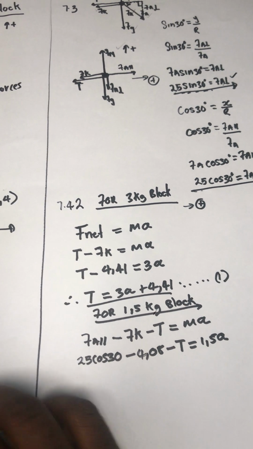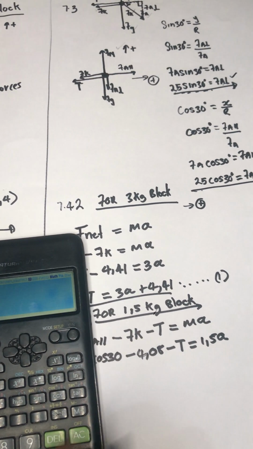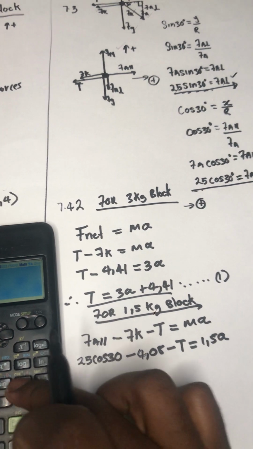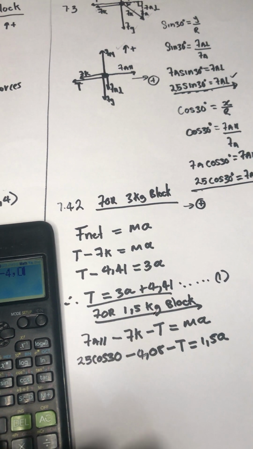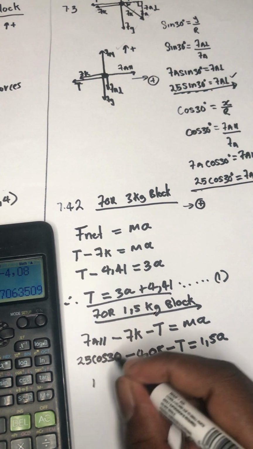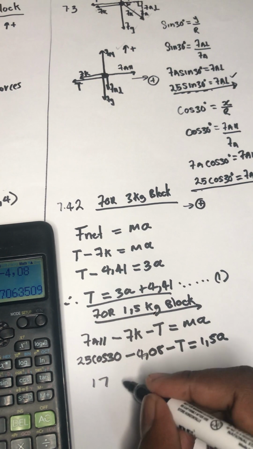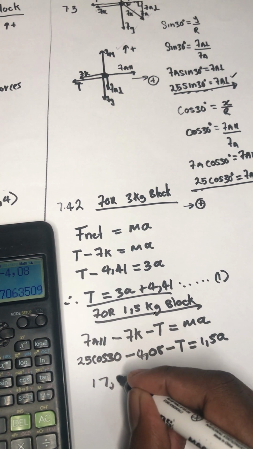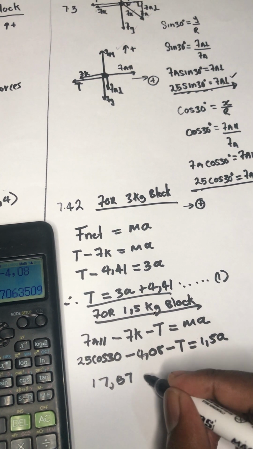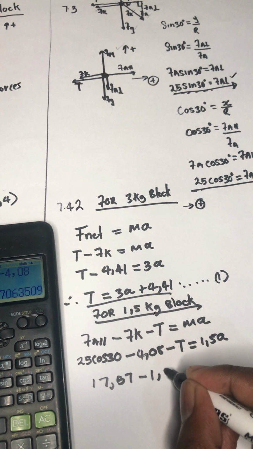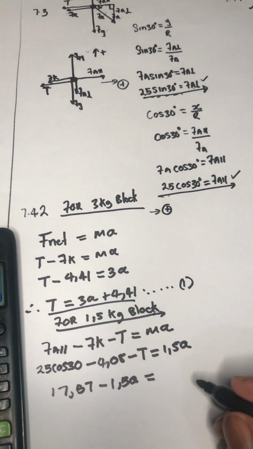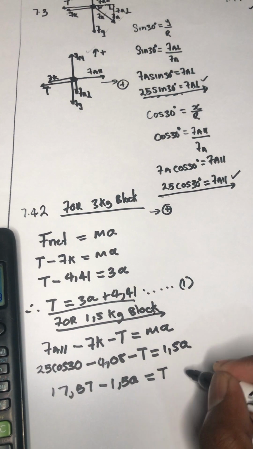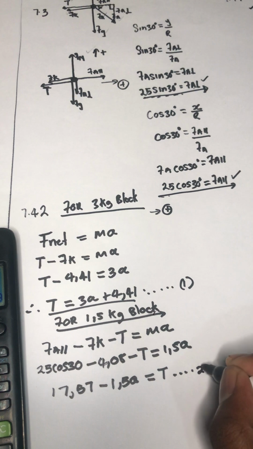And then we combine this: 25 cos 30 minus 4,08 is equal to 17,57, so 17,57 minus 1,5a equals T. This is our equation 2.